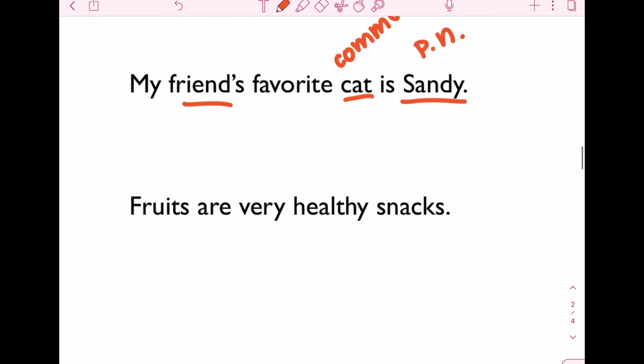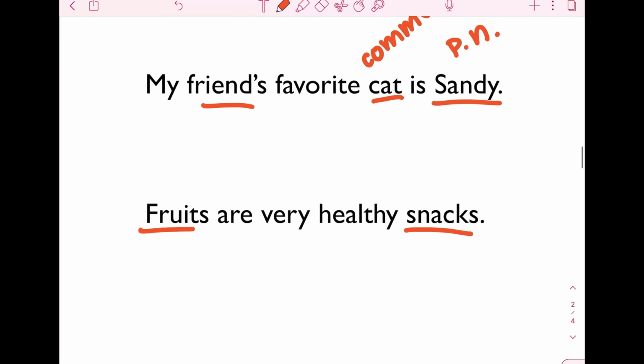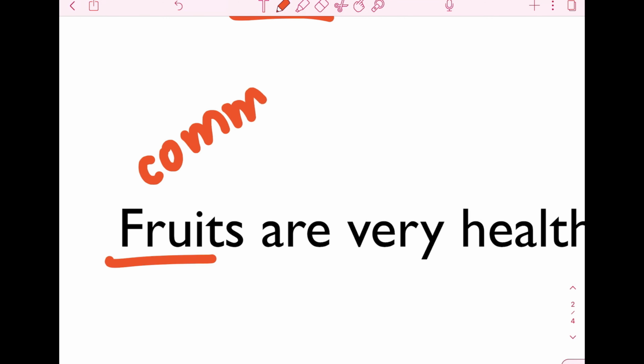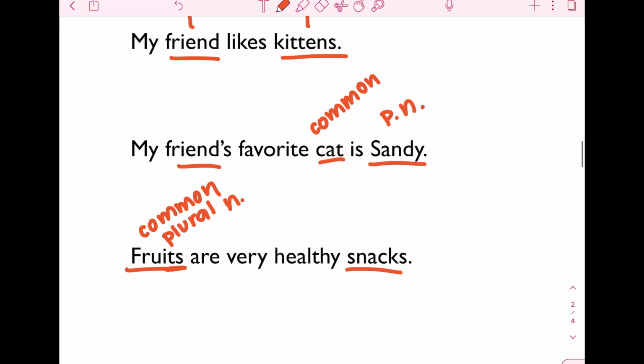Okay, and finally, fruits are very healthy snacks. So fruits and snacks. Notice how we aren't pointing to a specific fruit, and although fruit is capitalized because it's at the beginning of a sentence, fruits is still going to be a common plural noun, because fruits still has the S at the end, so we know that it's going to be plural, but it's still common.